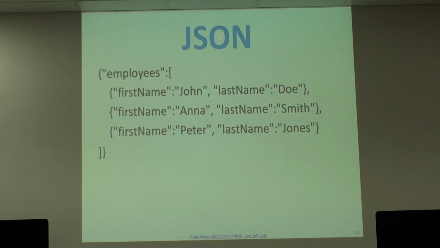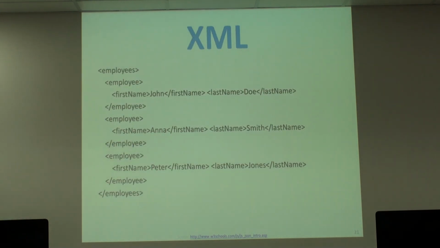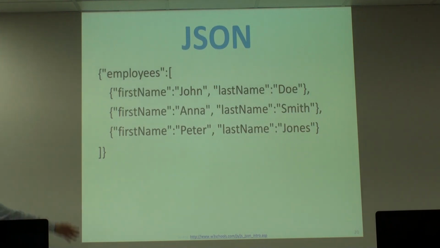So for example, here is a JSON file, right? And this is an XML file. You have your coffee shop app customer, right? You would like to store the employees. For example, employee first name John, last name Doe, first name Anna, Smith, Peter, Jones. So this is a JSON file. Can you read these files?